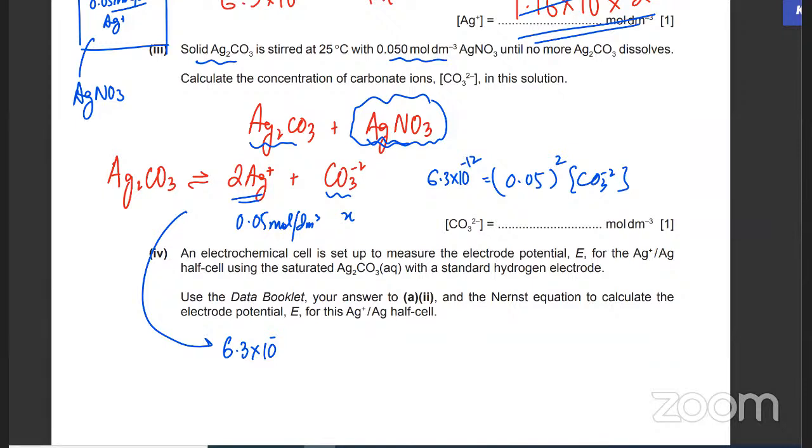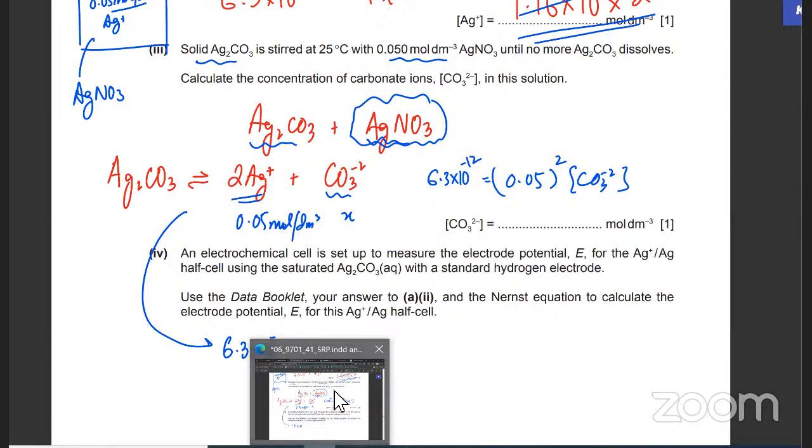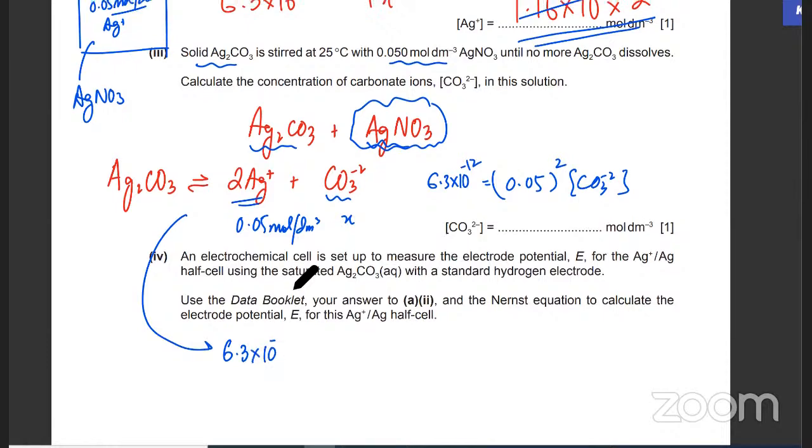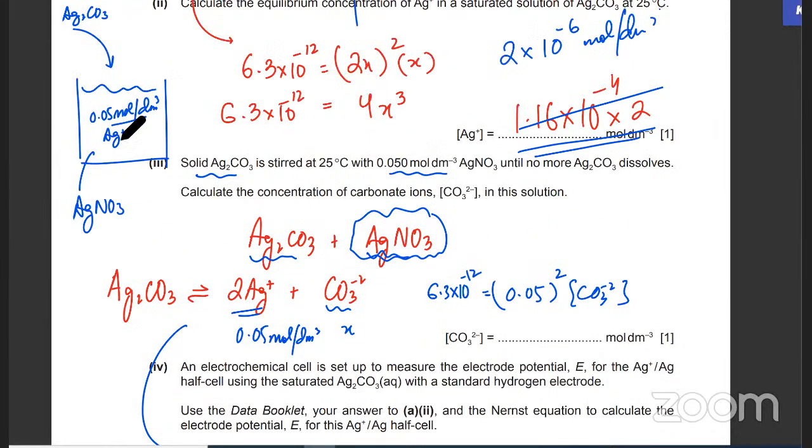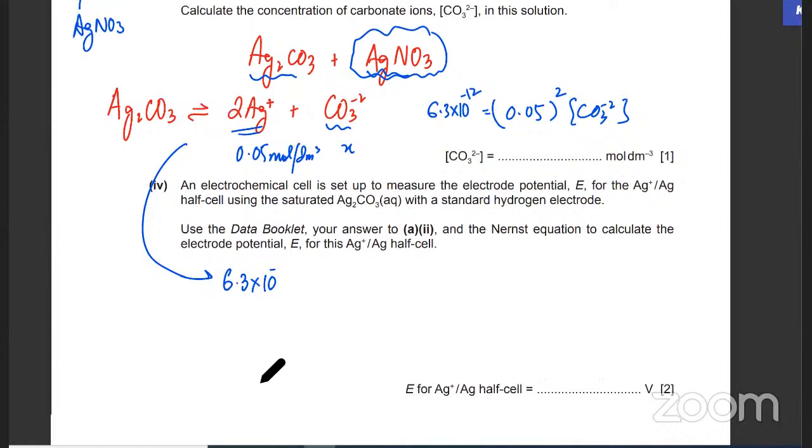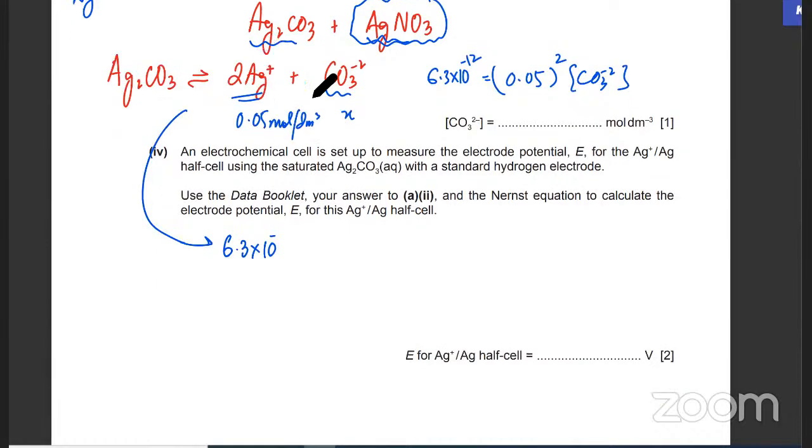Just remember the common ion. If the solution already contains too many of the common ions, the further common ions that are going to be dissolved would be very few, and that's going to be negligible. You're going to take that as negligible. So your approximation is that the silver ions are already there, it's 0.05 mole per dm cube, and it's not changing.